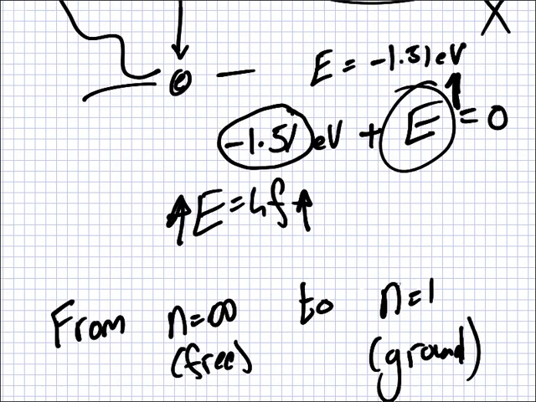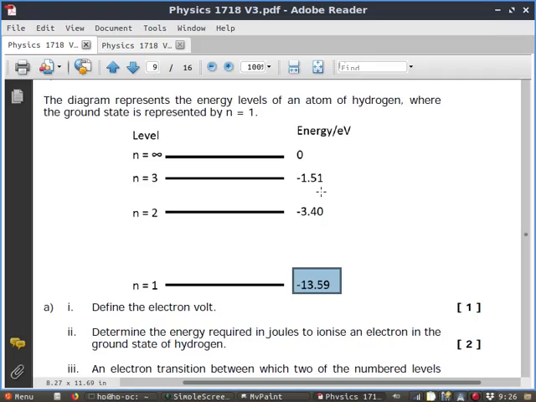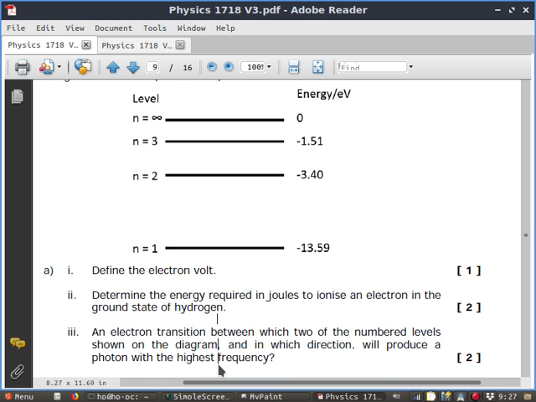What's n? N is the orbit number. Orbit 1, orbit 2, orbit 3. So what's the question? It says which will produce a photon with a high frequency. In which direction?